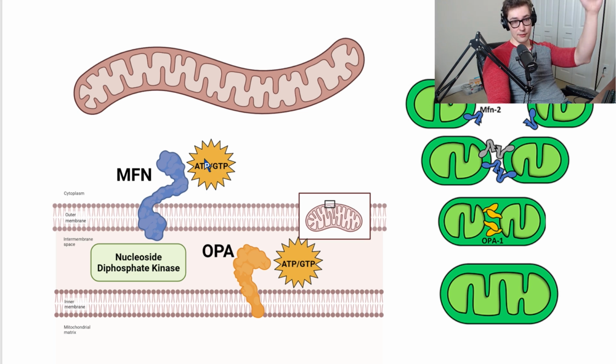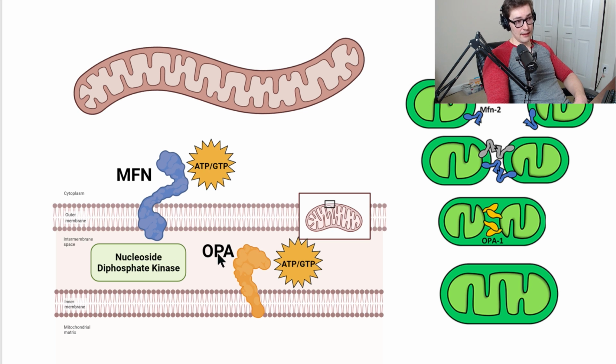So if GTP levels rise or decrease, we're not entirely sure yet, that then has an effect on MFN, making it more active and therefore leading to this fusion of the mitochondria. Now, I added this enzyme here because it's incredibly important in the illustration of this ATP to GTP back and forth, in that this enzyme, known as nucleoside diphosphate kinase, will take ATP molecules and produce GTP.